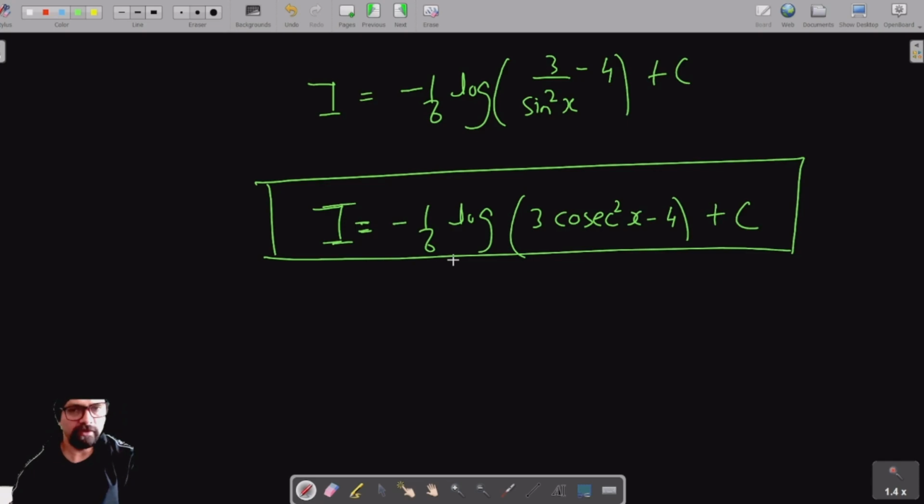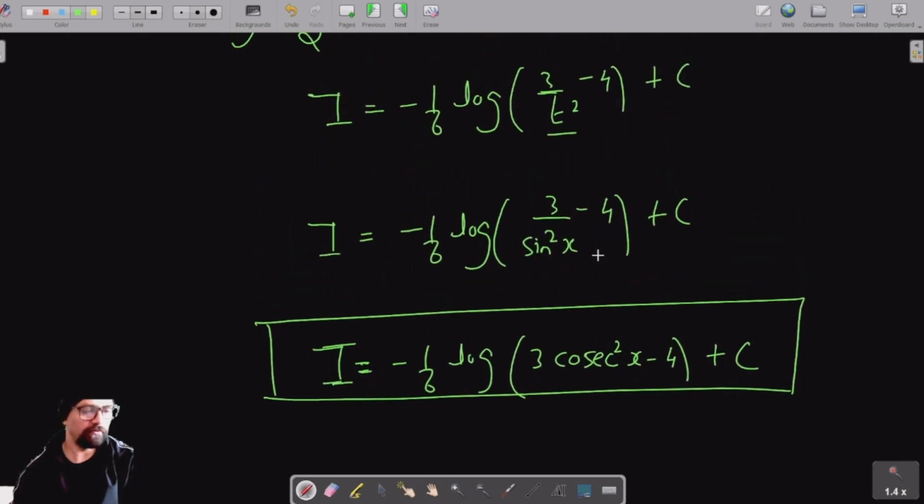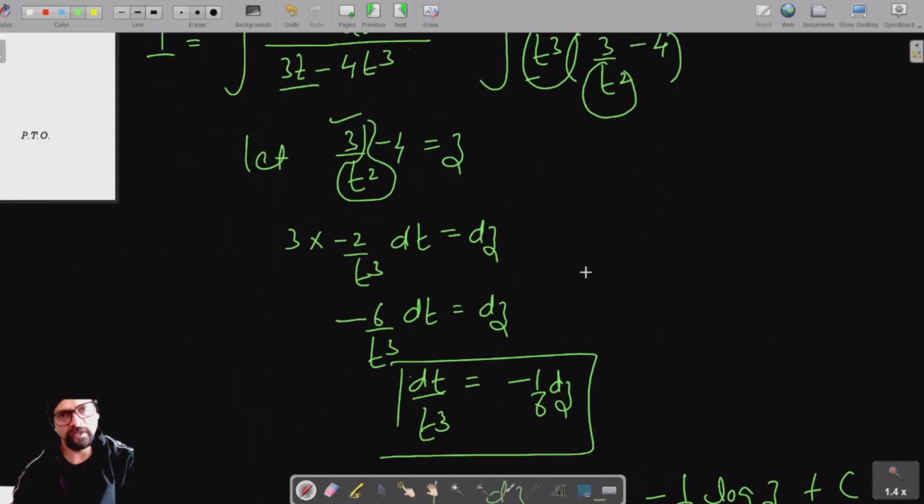So I is equal to minus 1 by 6 log of 3 cosecant square x minus 4 plus c, is the answer for part A.